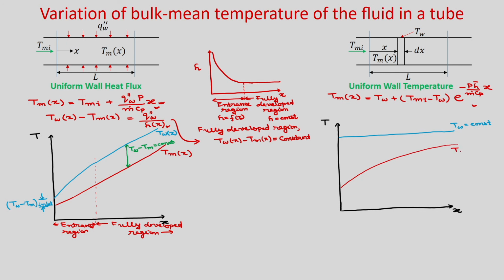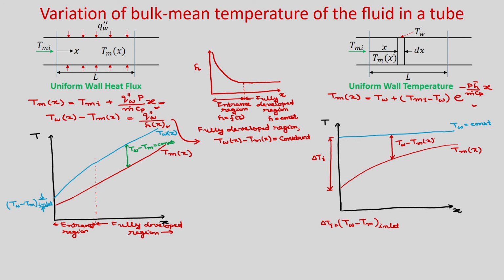So, this is your T m which will vary exponentially with x. So, this is your delta T i, okay. At inlet the temperature difference, delta T i is your T w minus T m at inlet. So, you can see that there will always be a decrease in the temperature difference T w minus T m.